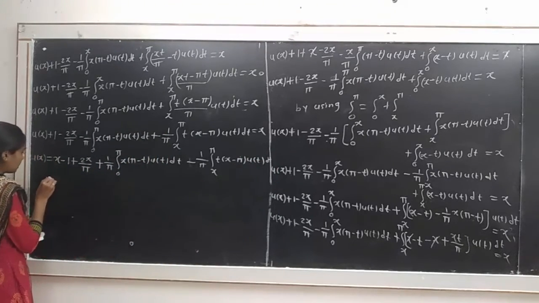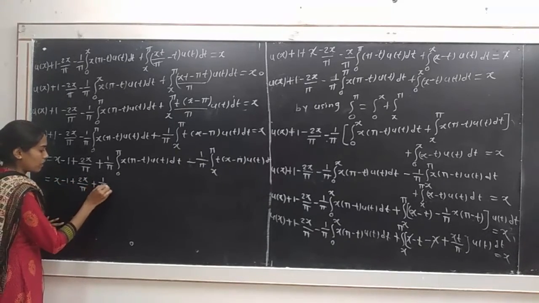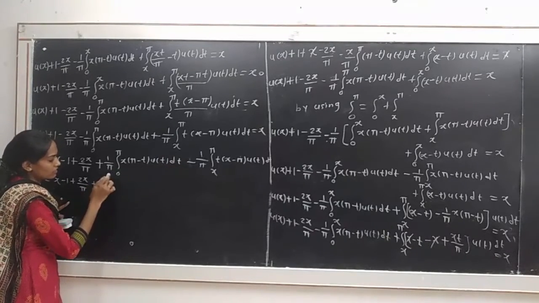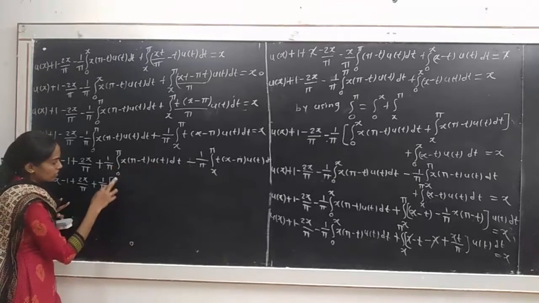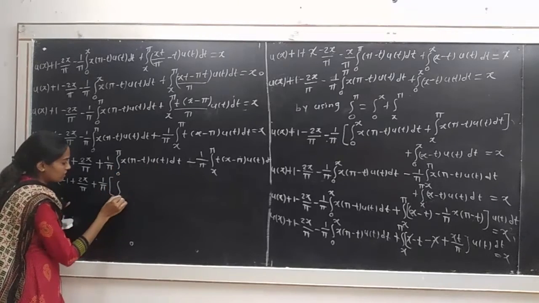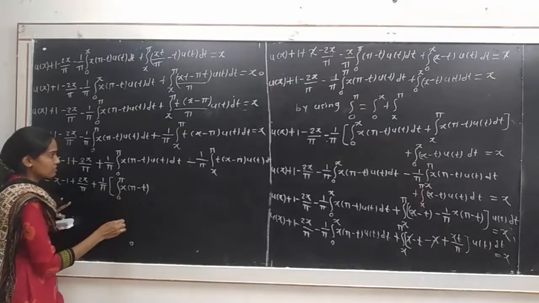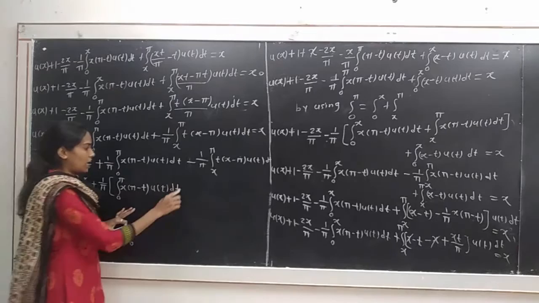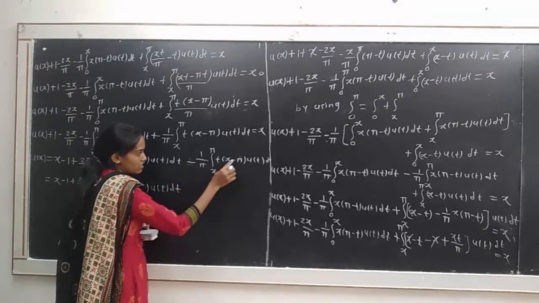Or we can write it as x minus 1 plus 2x divided by pi plus 1 by pi. We take 1 by pi outside and we write these two integrations in a bracket, that is integration from 0 to pi of x (pi minus t) into u of t dt, and we multiply this minus sign inside the bracket.